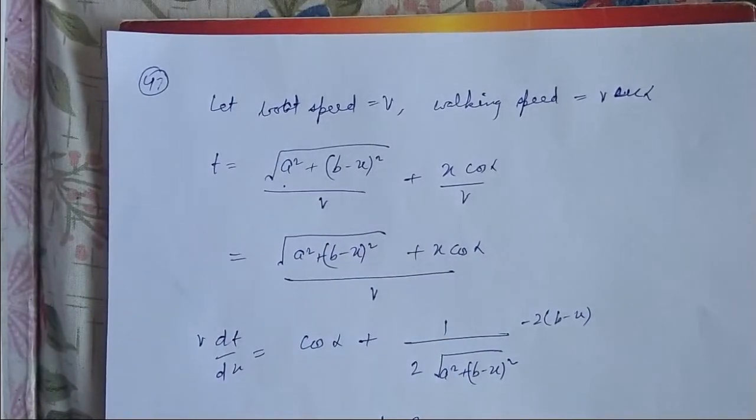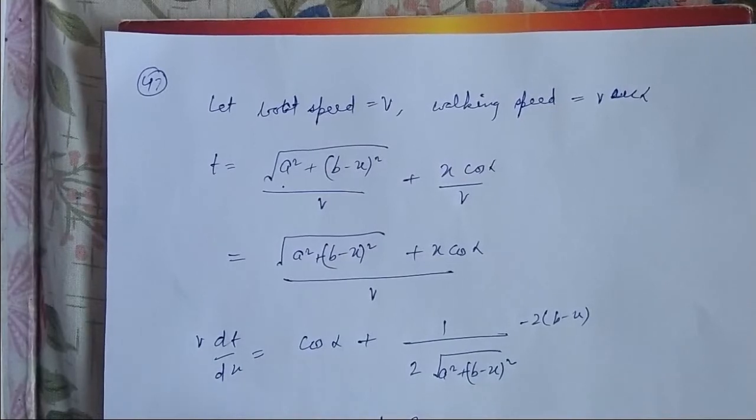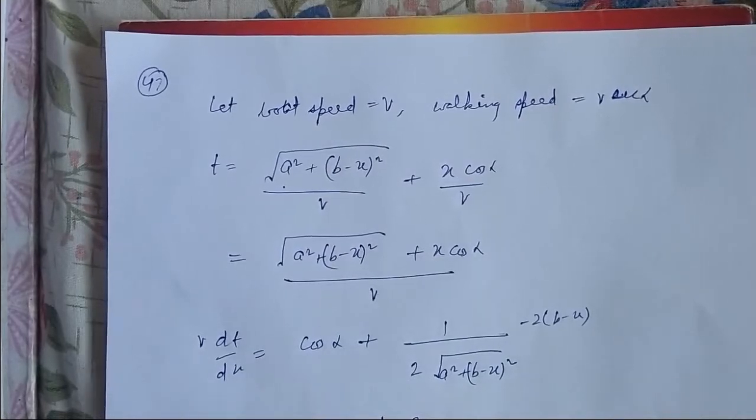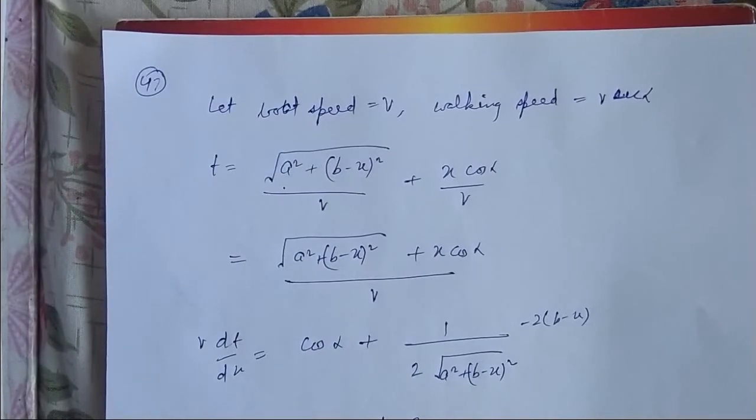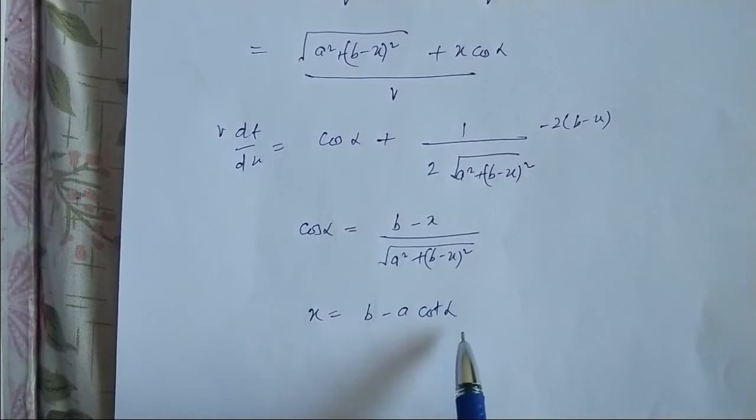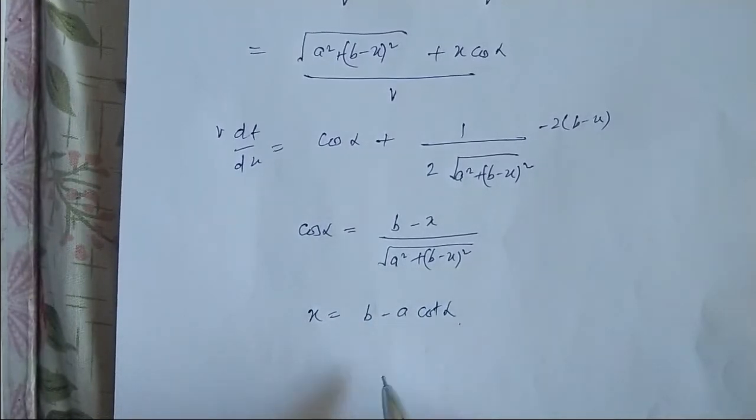Hence we need to calculate b minus a cot alpha. Use the value of cos alpha from this equation and substitute in this equation.